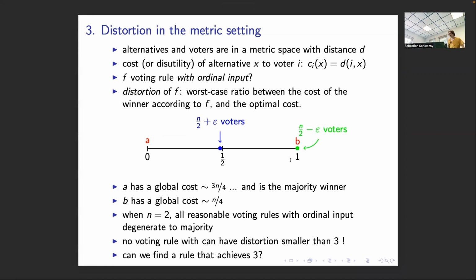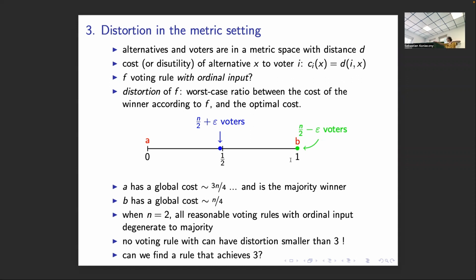So then you can focus on an interesting subcase, which is the metric setting. In the metric setting, candidates and voters are positioned in a metric space. So here I just assume a one-dimensional metric space, a line, a segment. And so you can imagine that this is left, right, or a set of temperatures, for instance, or a set of locations.